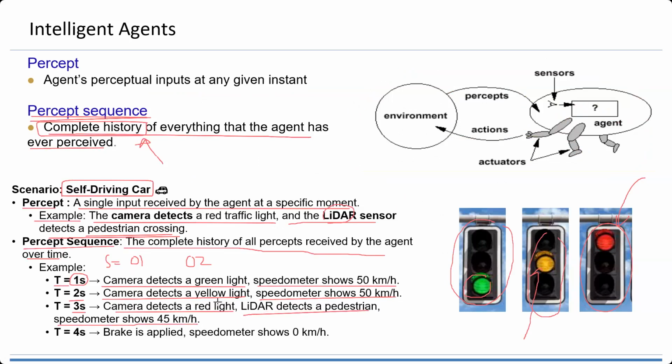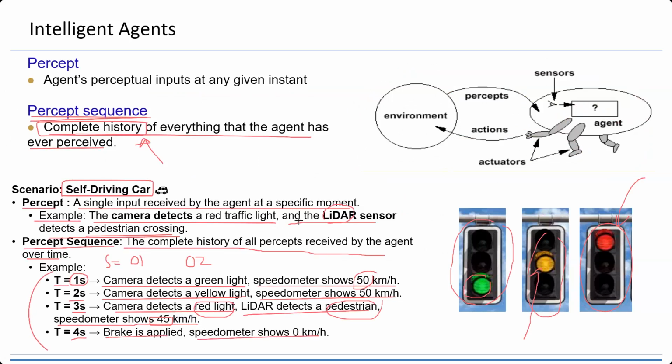Because we have the red light and the pedestrian, the speed should be slower than 50 kilometers. Now the speed becomes 45. And then after one more second, the brake is applied, and now the speedometer shows 0 kilometers per hour. So this is what we call the percept sequence.